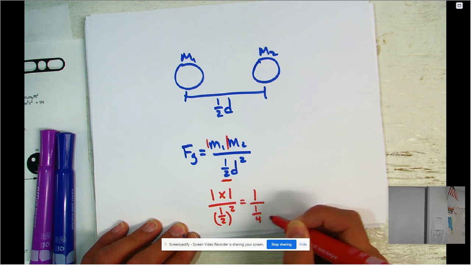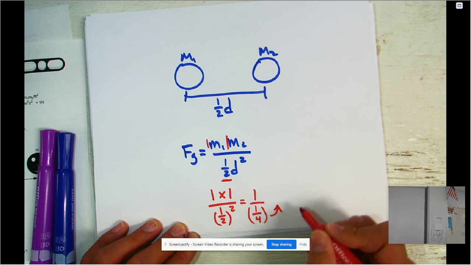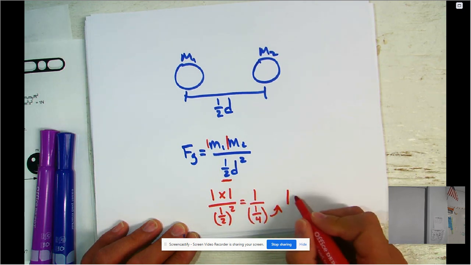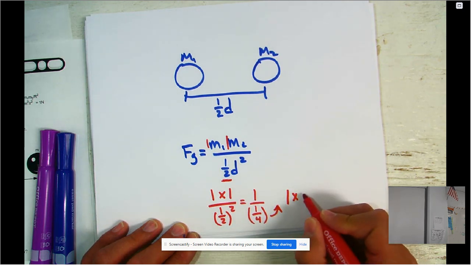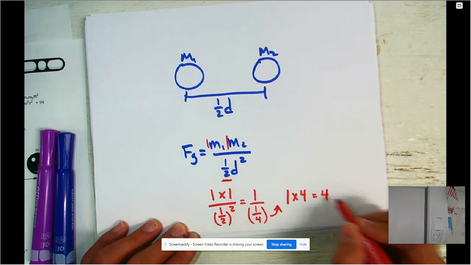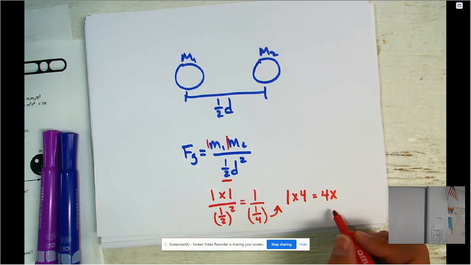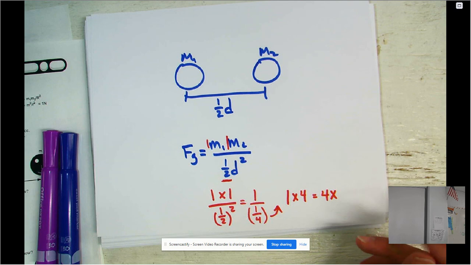So when I flip it, it becomes 4 over 1, because this is our fraction, 1 over 4. And so when I flip it, it becomes 1 times 4 over 1, which is just 4. So it's 4 times the original amount.